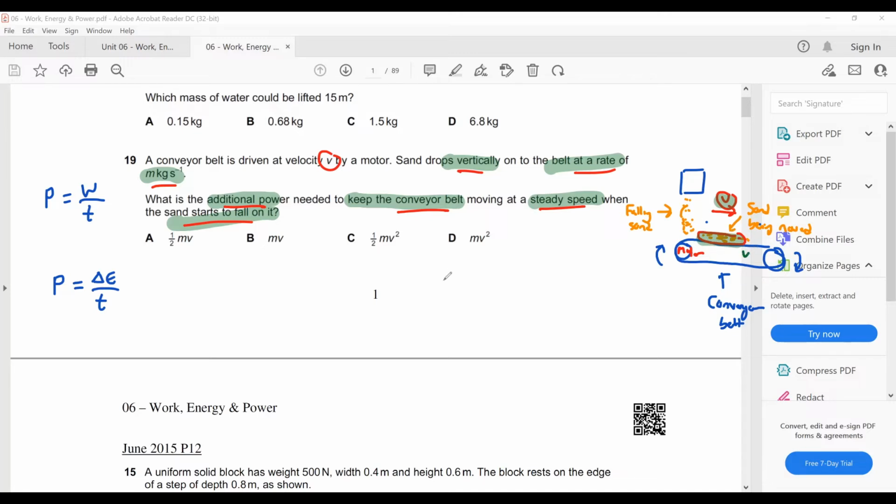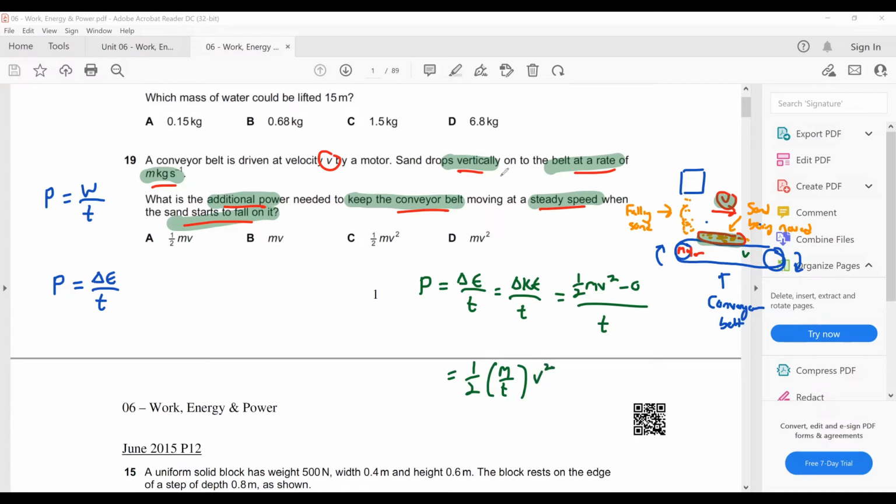So you may have tried to use this equation instead, where you say the power is change in energy over time, which is in turn the change in kinetic energy divided by time, in which you say it is half mv squared minus 0 divided by t. So therefore giving you half m over t v squared, right?